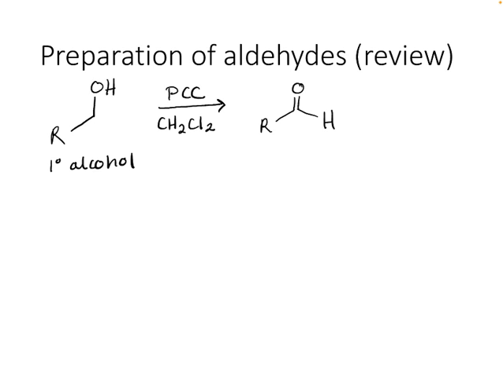So now I'm going to give you a couple more synthesis reactions for aldehydes, and I want you to try to remember which reagents you can use to perform these reactions. So the first one, we have an alkene, and again we're going to turn that into an aldehyde.